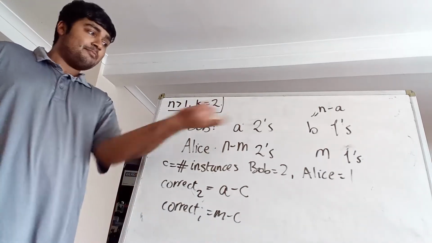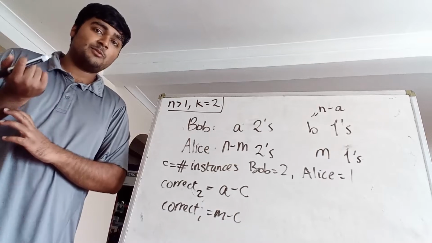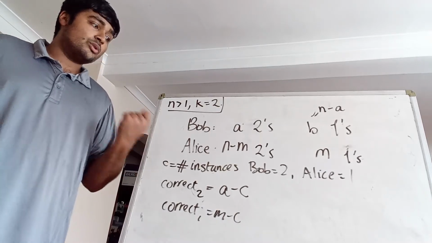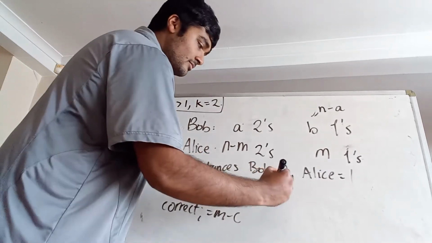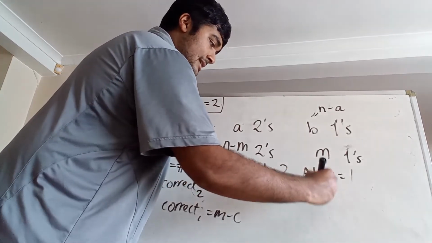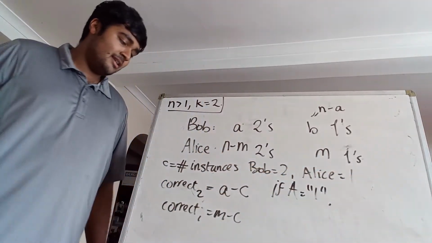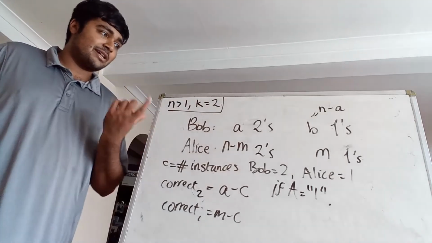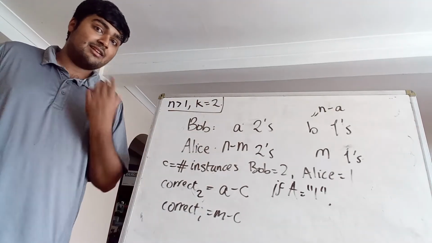Now, remember, Bob is going to make this query, and then Alice is going to respond by either saying 1 or 2. If Alice says 1, what does that mean? Well, that means that the number of correct 1s is going to be bigger than the number of correct 2s.